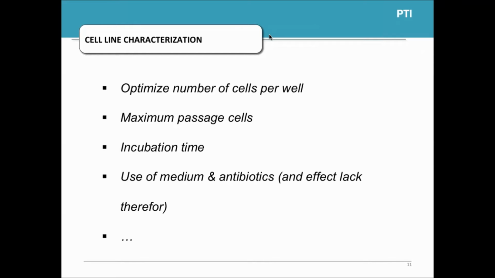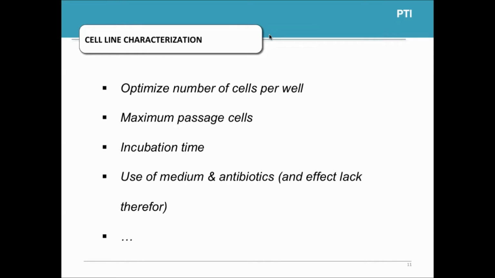Because if you don't have this particular control and you don't know exactly at what passage your cells will start to lose responsiveness, you may think that your drug is less potent, but it could be that the drug is as potent as it was before, but simply the cells are not suitable anymore. So you need to have a maximum passage of cells in order to control for the effectiveness of your cells.